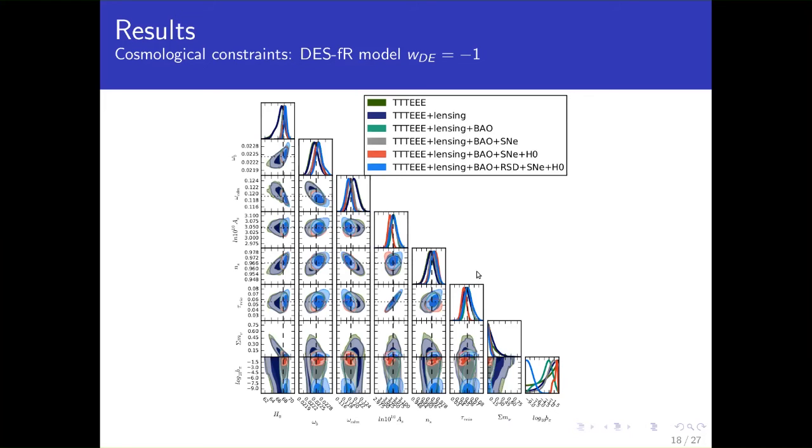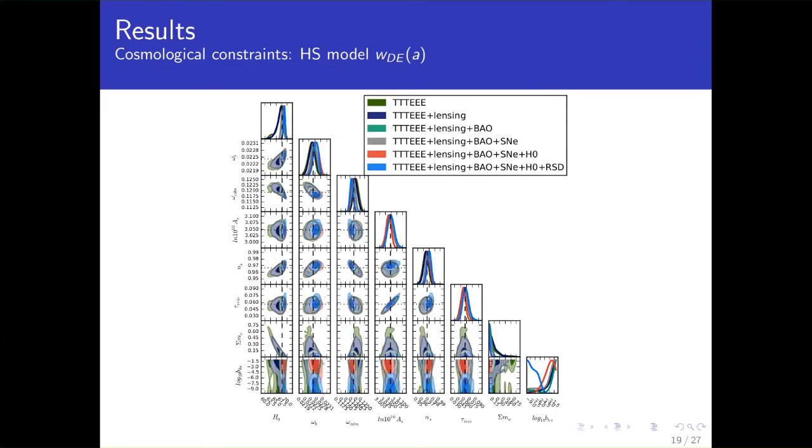For the neutrino mass, which we take into account as a varying parameter in our analysis, we can only set upper bounds. And for the modified gravity parameter, what we see in our analysis is that it remains unconstrained. So it's basically dominated by the prior.